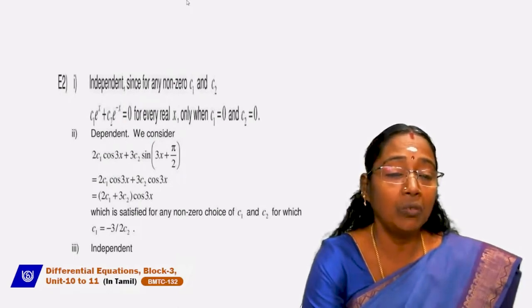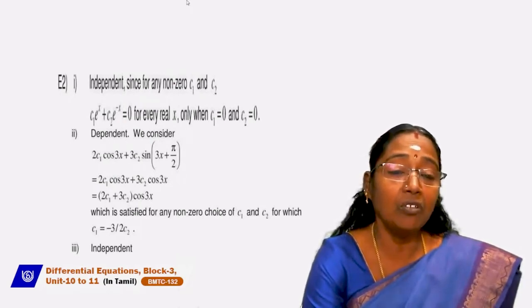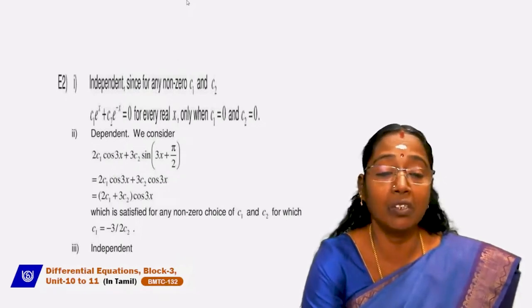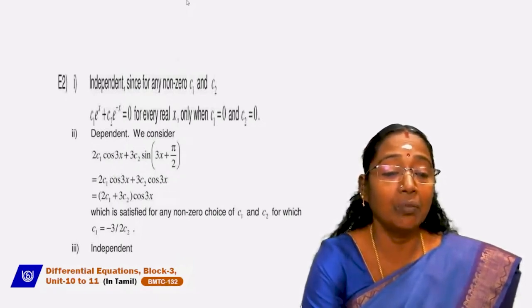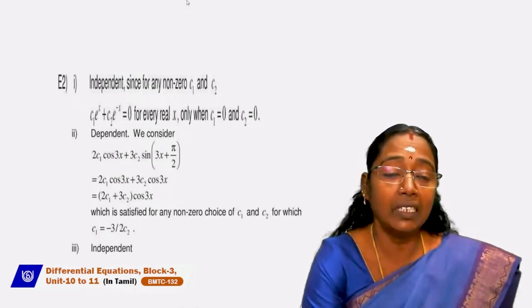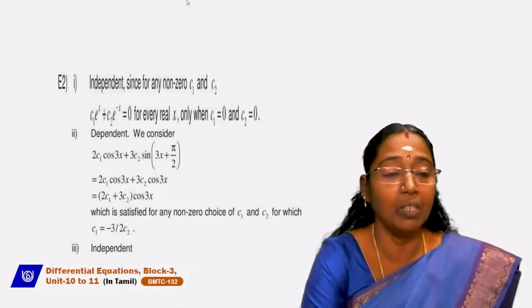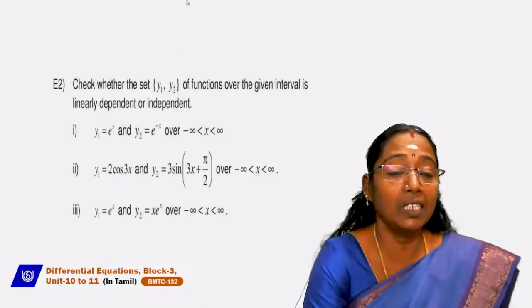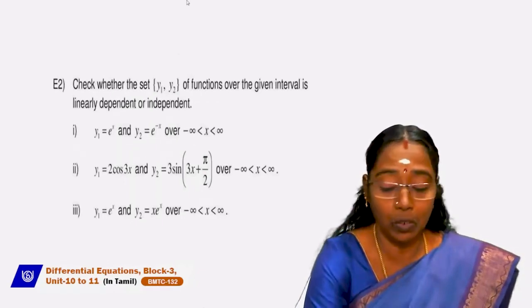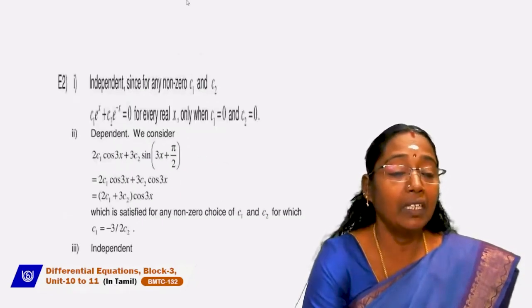Since sin(pi by 2 plus 3x) is cos 3x, we bring cos 3x outside, which is satisfied for any non-zero choice of c1 and c2 for which 2c1 plus 3c2 equals 0, then c1 equals minus 3 by 2 times c2. Therefore, the given two functions, 2 cos 3x and 3 sin(3x plus pi by 2), are linearly dependent since the constants are not equal to 0.